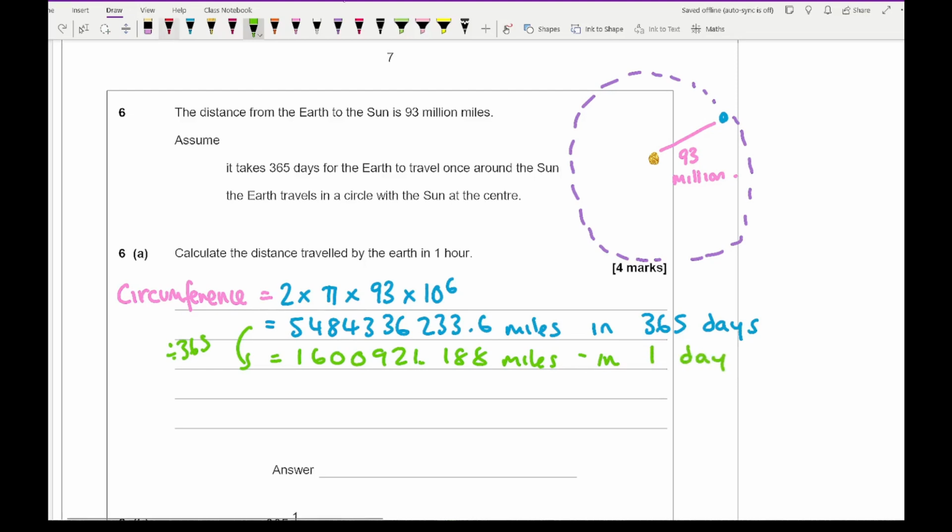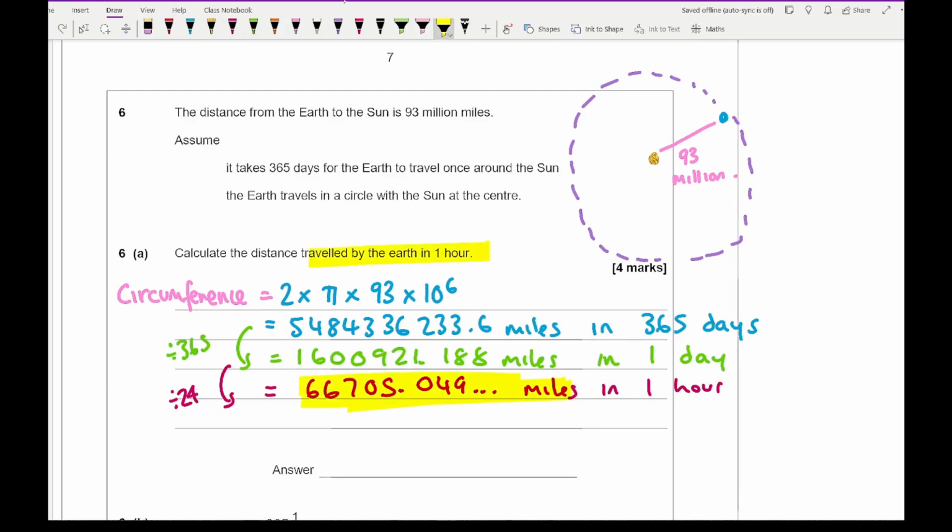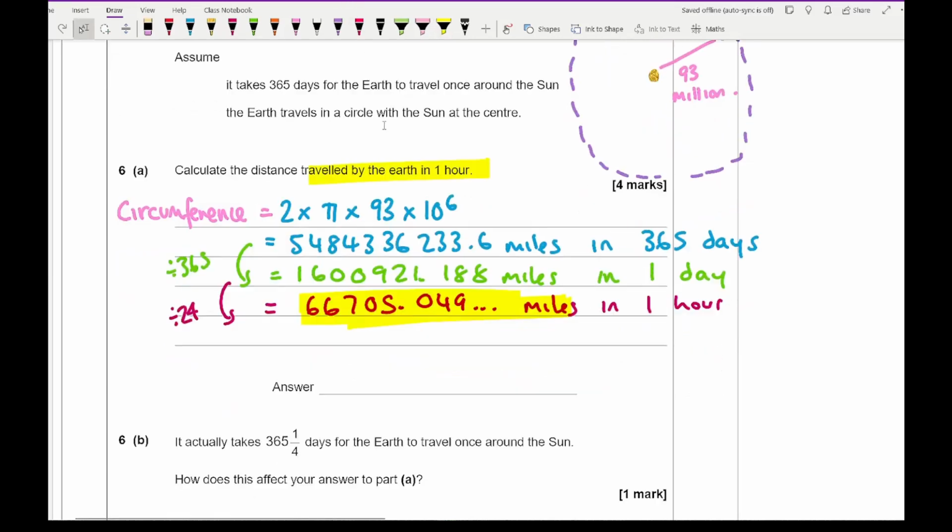And 1 day consists of 24 hours. So if I then divide that number by 24, I get 66705.049, and that's miles in 1 hour, which is what they wanted me to find out. And again, if you want to round that number to any degree of accuracy, that's entirely up to you.